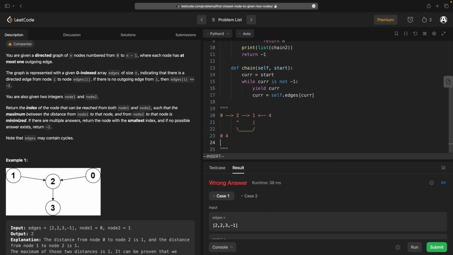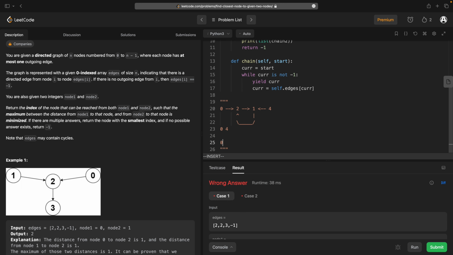So the chain from 0 is 0 to 1. Zero to 1, because otherwise I would go back around and go to 2 and then to 1 and so on and so forth.